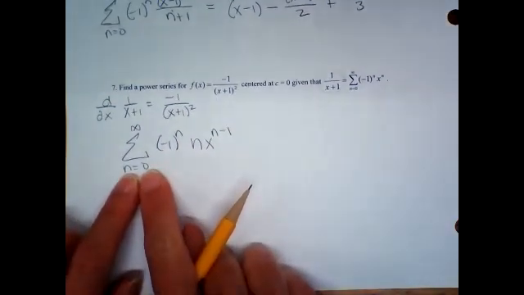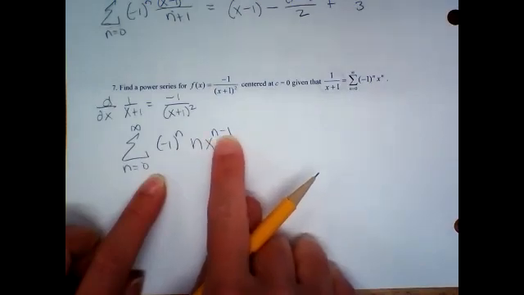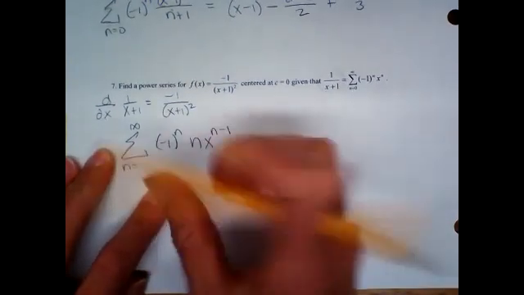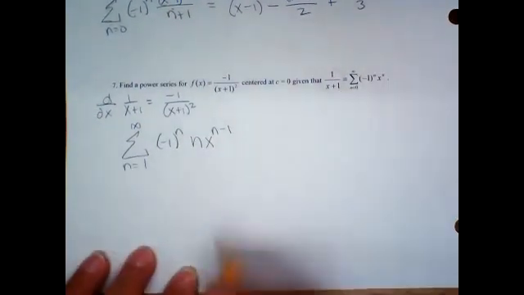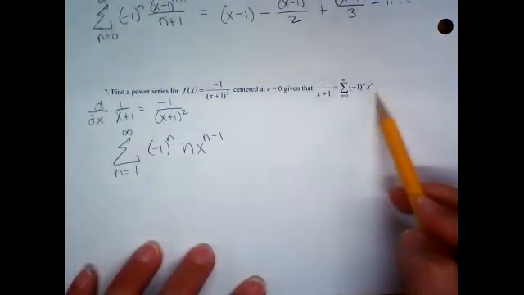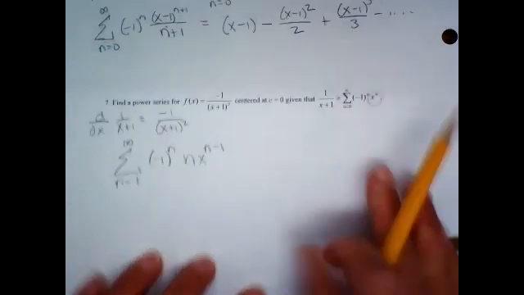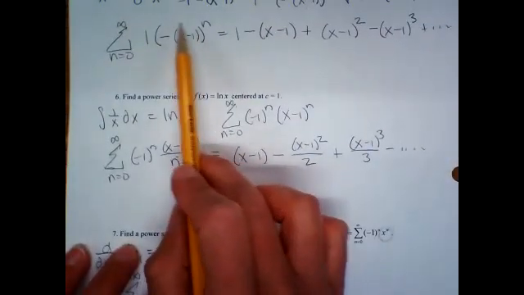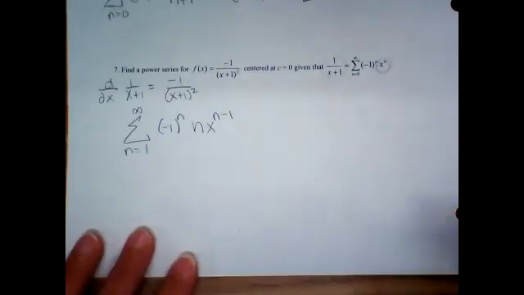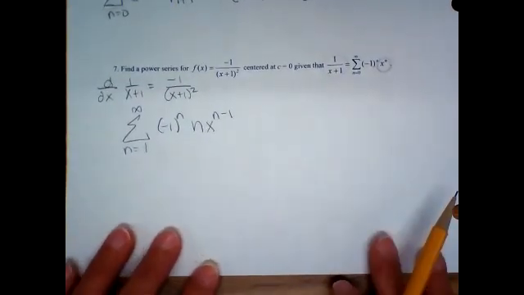We can't start at 0 because if you plug in 0, you're going to get a -1 there. So we're actually going to have to start this at 1. We did the derivative of x to the n. It's the same as when we did the antiderivative of the other one. We just did the derivative of that one. I was doing one of each as an example.